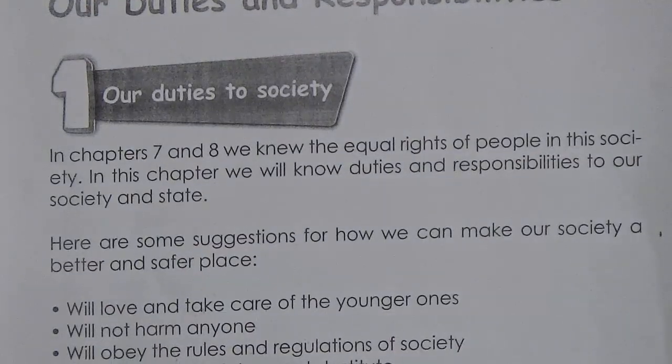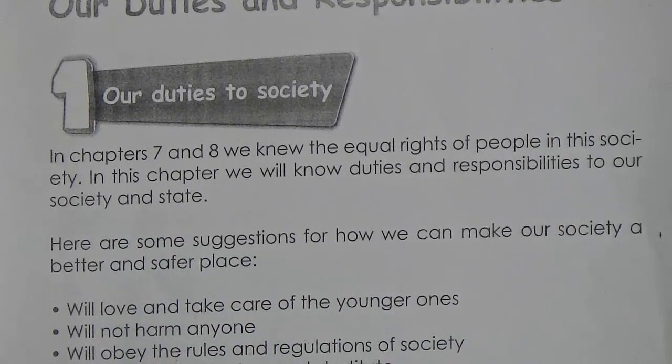On the contrary, responsibility refers to the liability which is accepted by a person as part of their job or as part of their role or position. So there is a little bit of difference between duties and responsibilities.